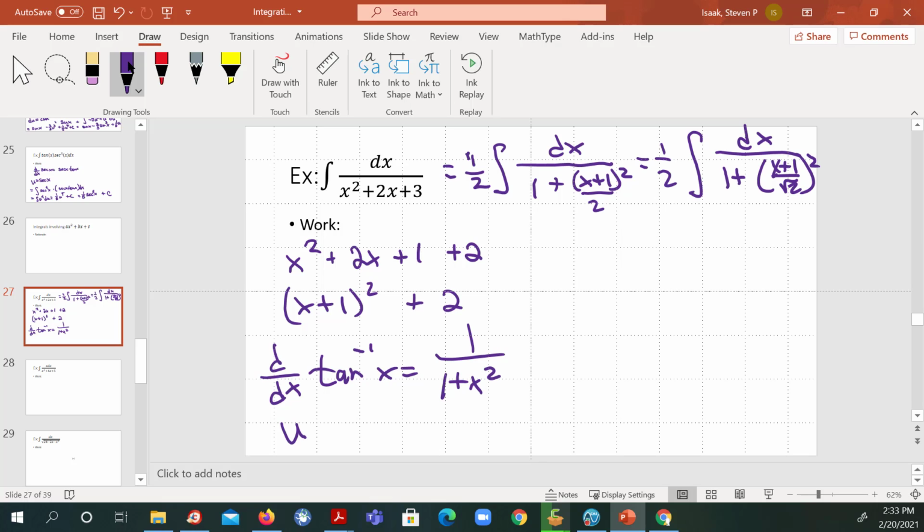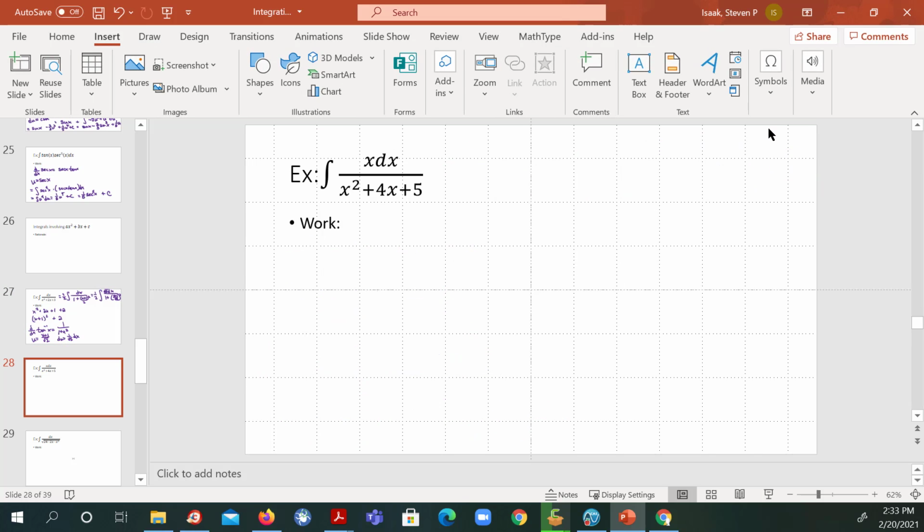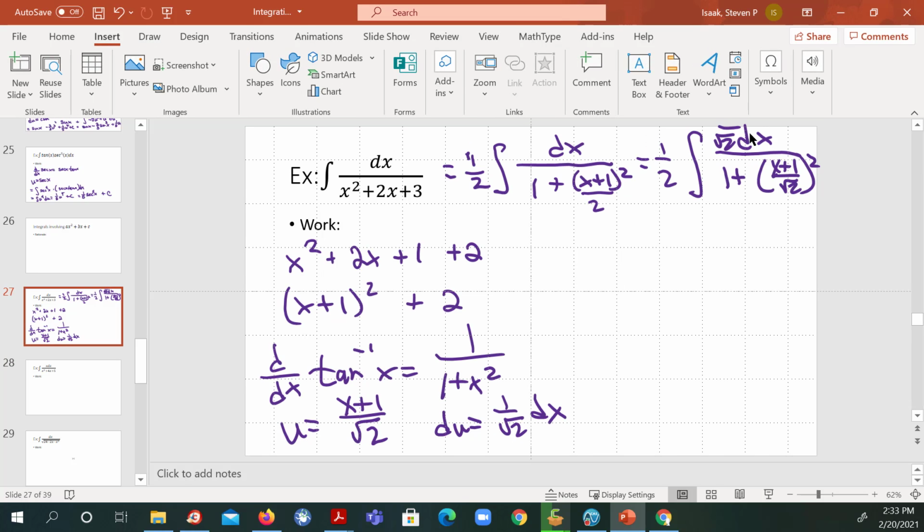Okay, so u is (x plus 1) over root 2, so du is 1 over root 2 dx. And then I need to multiply this by root 2.